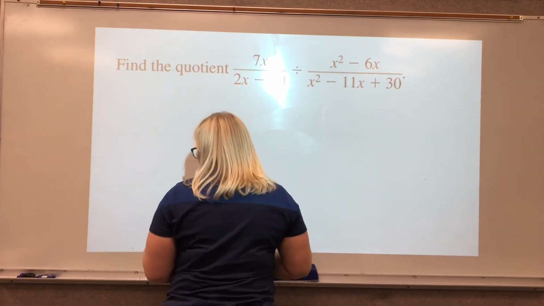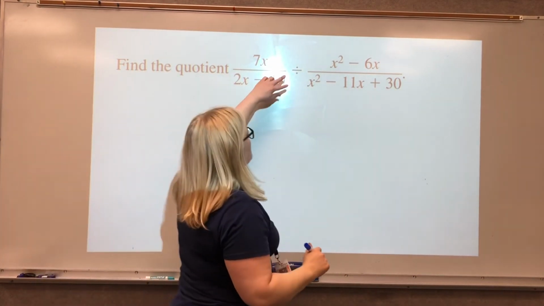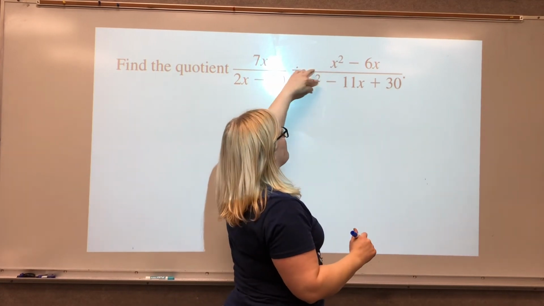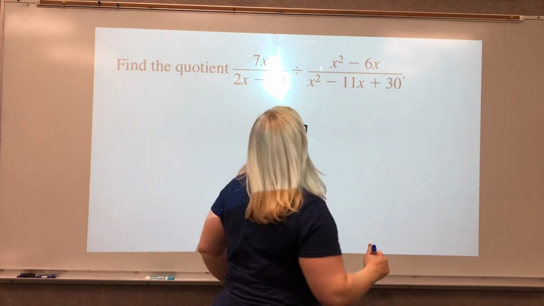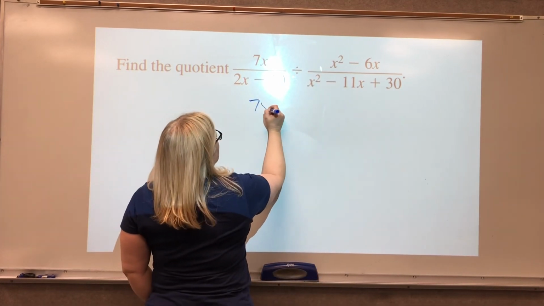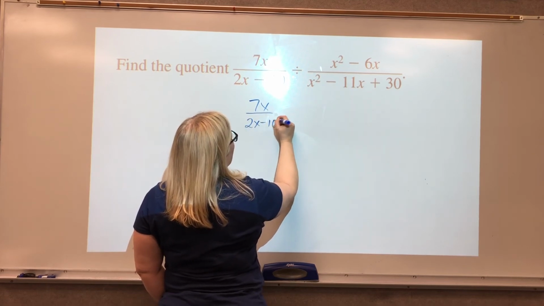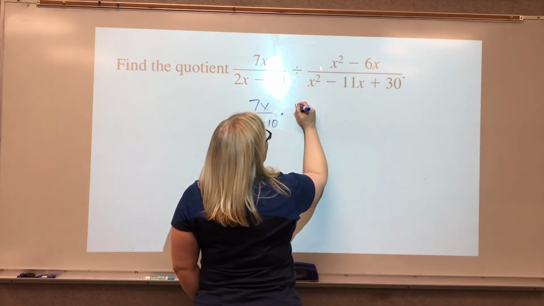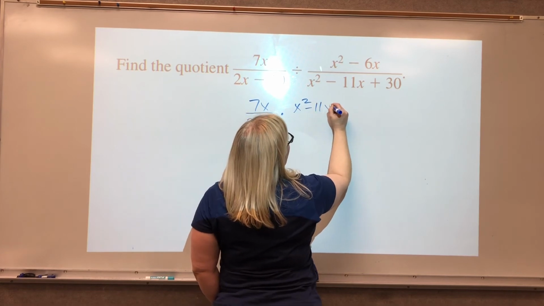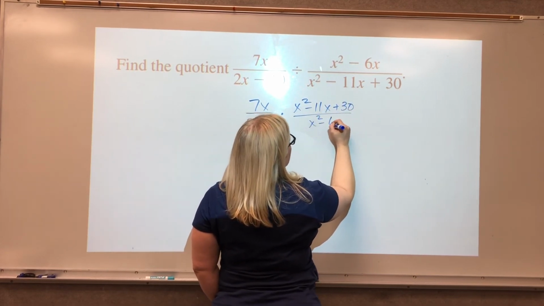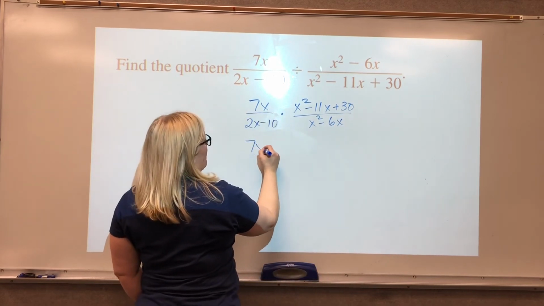This one I have here to remind you that when we're dividing fractions, we multiply by the reciprocal. So this is going to be 7x over 2x minus 10 times the reciprocal, x squared minus 11x plus 30 over x squared minus 6x. Now I'm going to factor everything that I can.